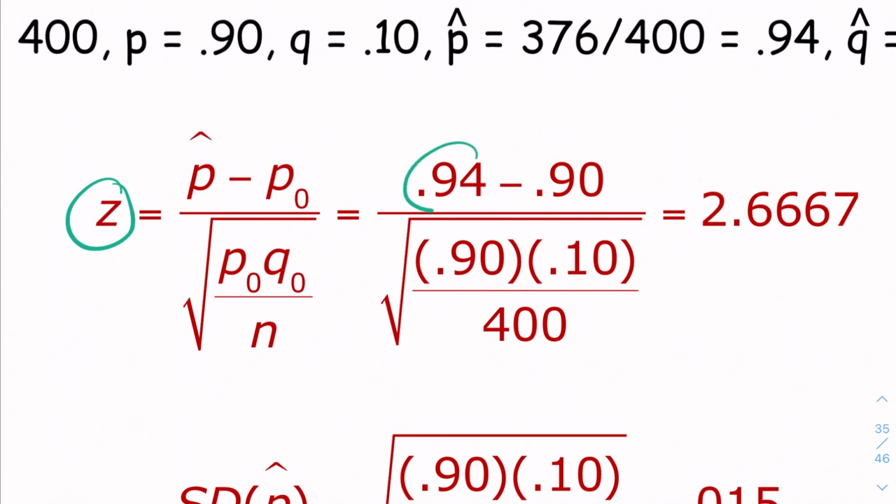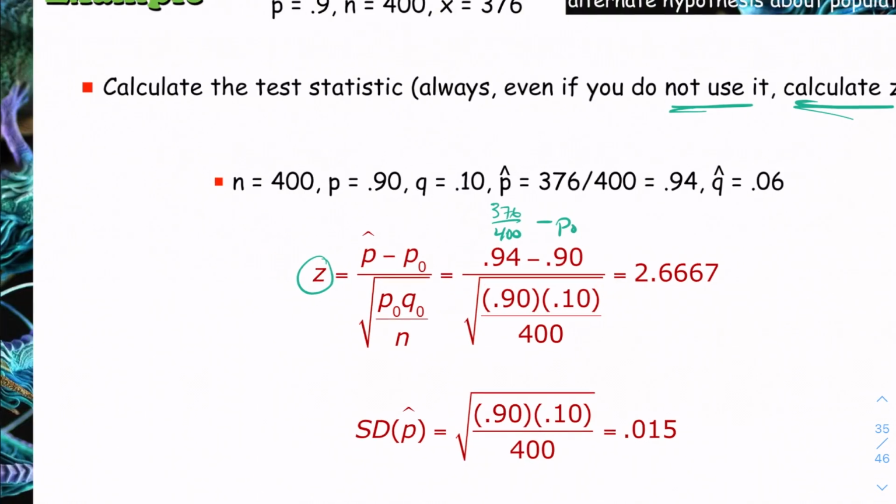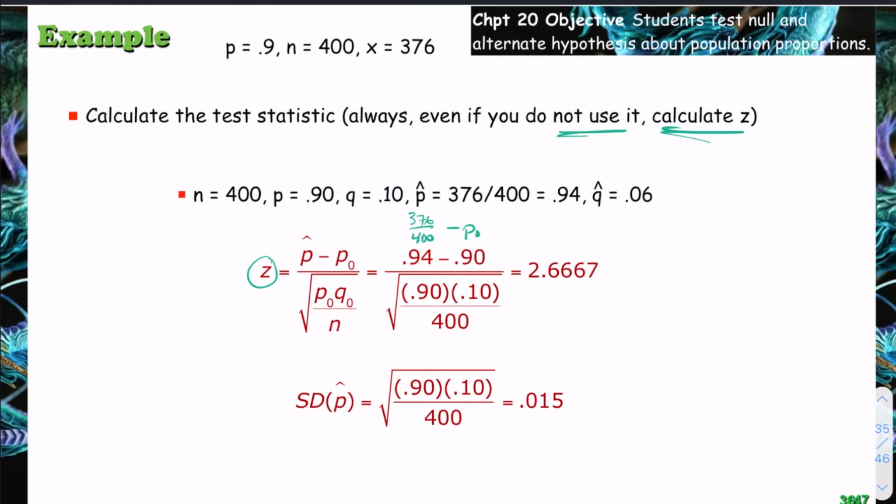So I have 0.94, which is the measured rate, 376 over 400, minus 0.9, the null hypothesis, over its standard error, and we get 2.6667. So this is our test statistic.